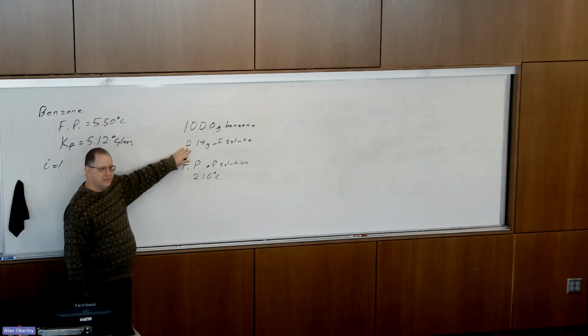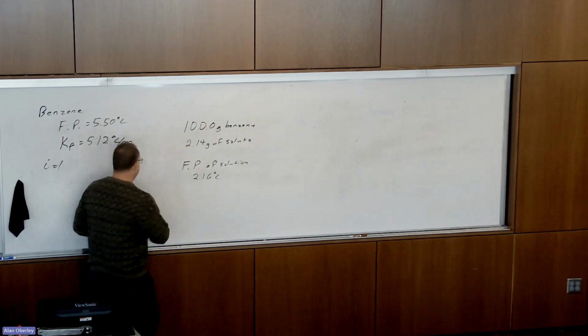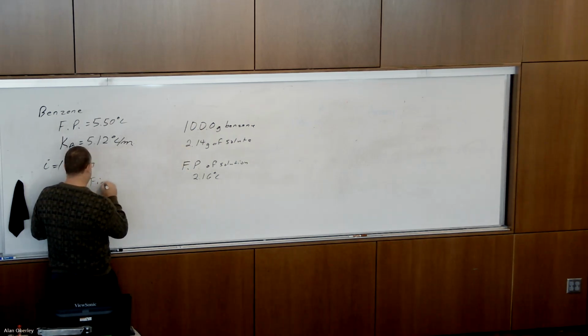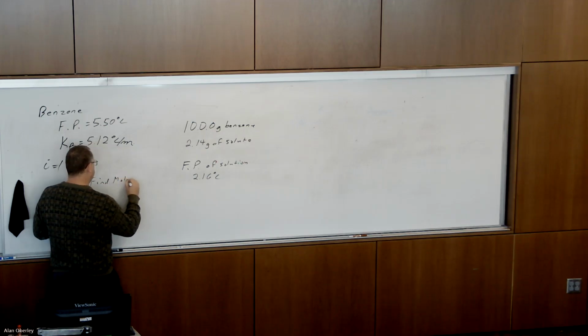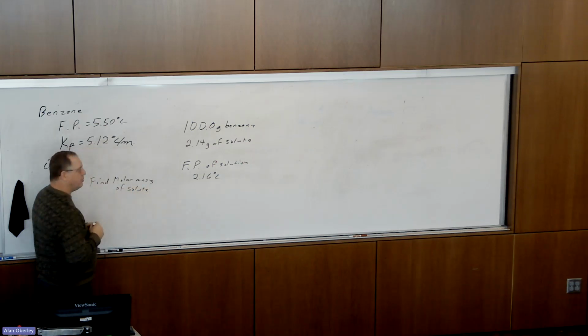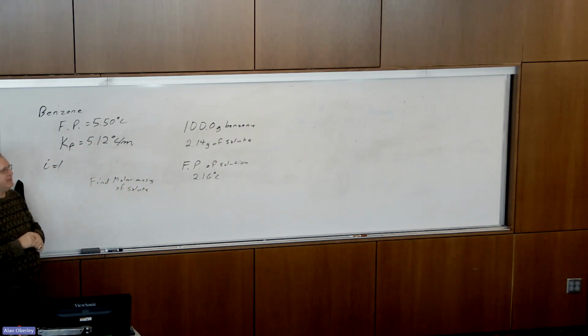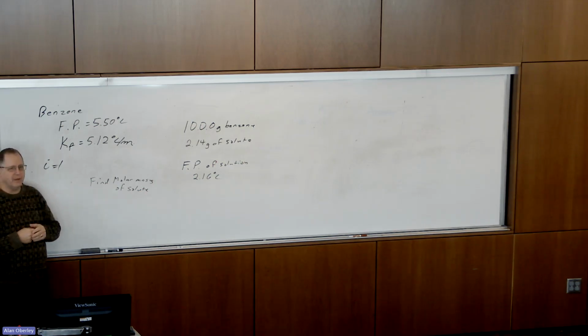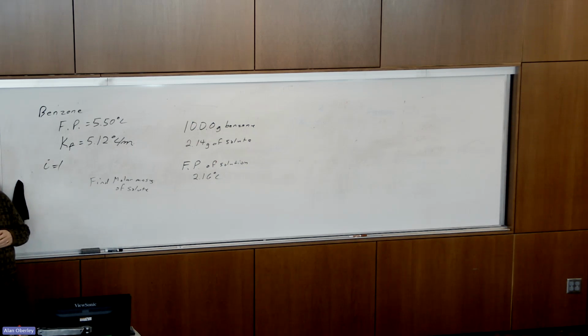Do we know what the solute is? No. We need to find its molar mass. Generally we find molar mass by adding stuff up on the periodic table, but how did we ever come up with molar masses to begin with? Well, this is one of the ways that we can find the molar mass of a substance.